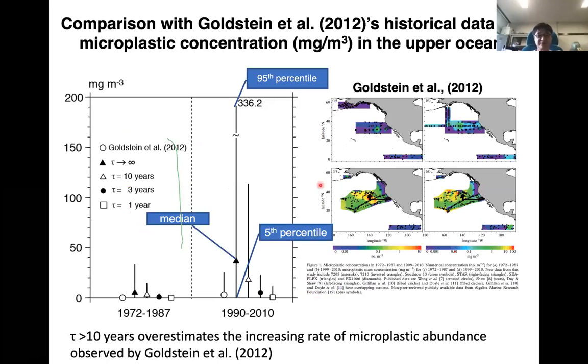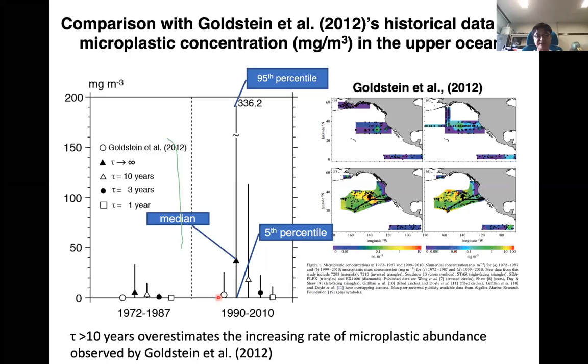This area is probably appropriate, from 1 to 3 years, for the time scale to remove the microplastic from the upper layers in the model. Okay, another point: we can compare the time series of the abundance by using the historical values. The golden marks show the microplastic abundance in the 1970s, 1980s, and 2010s in the eastern part of the North Pacific.